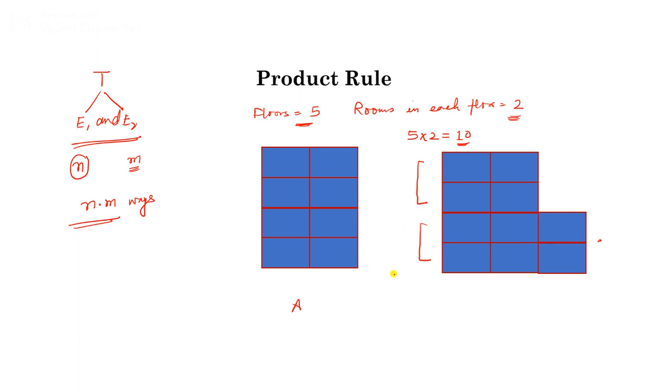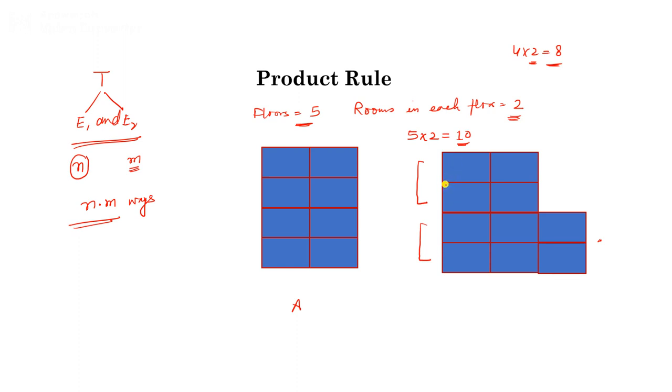So we cannot apply the product rule directly, meaning you cannot write 4 into 2 equal to 8, that 8 ways are there to get a room in this building, because you cannot say that for each of these floors an equal number of rooms are there. For the first 2 this number is different, and for the last 2 this number is different.